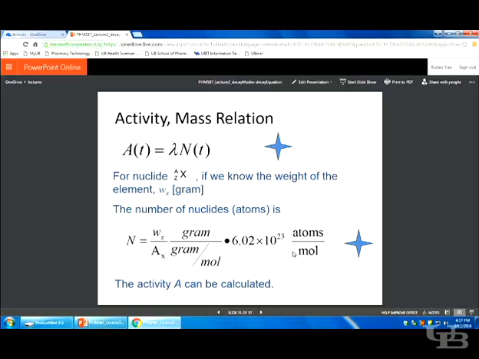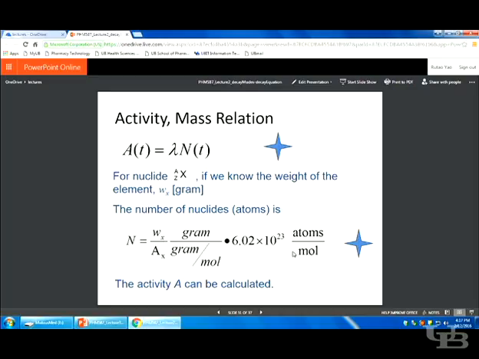So if you are given a certain mass of a certain nuclide, and asked to calculate the activity, can you do that? Yes, you can.